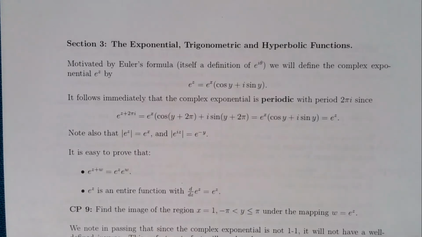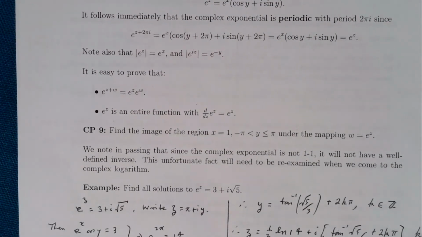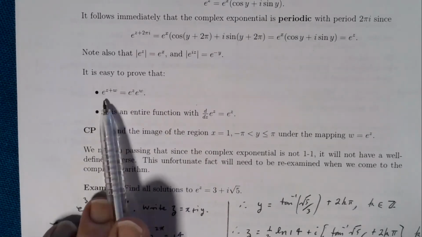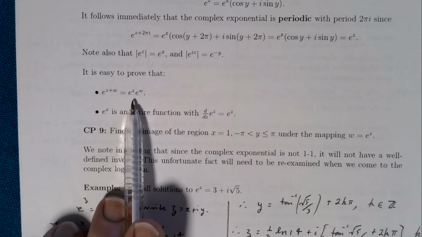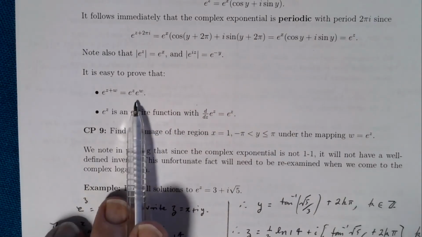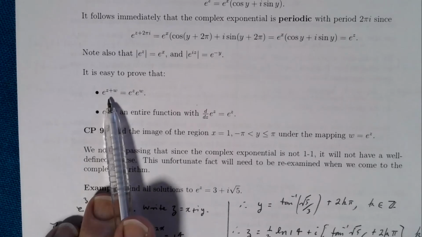Now it's very easy from the definition to prove the following two results, which I leave you to do. Firstly, that the index laws hold. e to the z plus w is e to the z times e to the w. We sort of hoped that was going to be the case earlier, but it is indeed from this definition that the index laws hold for this exponential function.